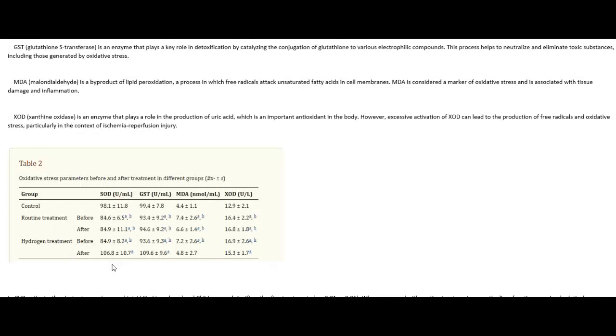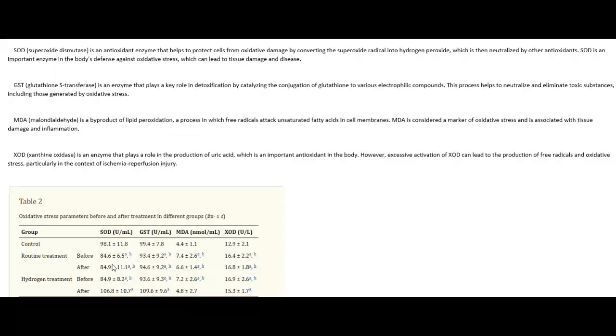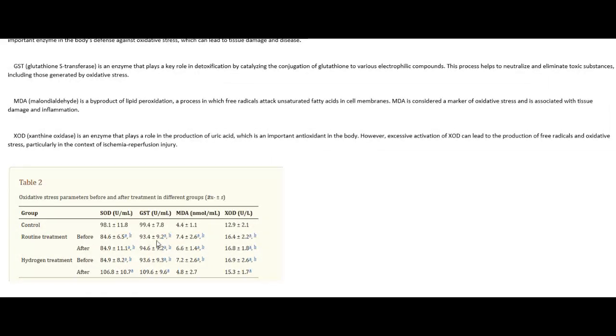For the routine treatment in GST, which is glutathione S transferase, before the treatment it was 93.4 plus minus 9.2, and after treatment it was 94.6 plus minus 9.2.